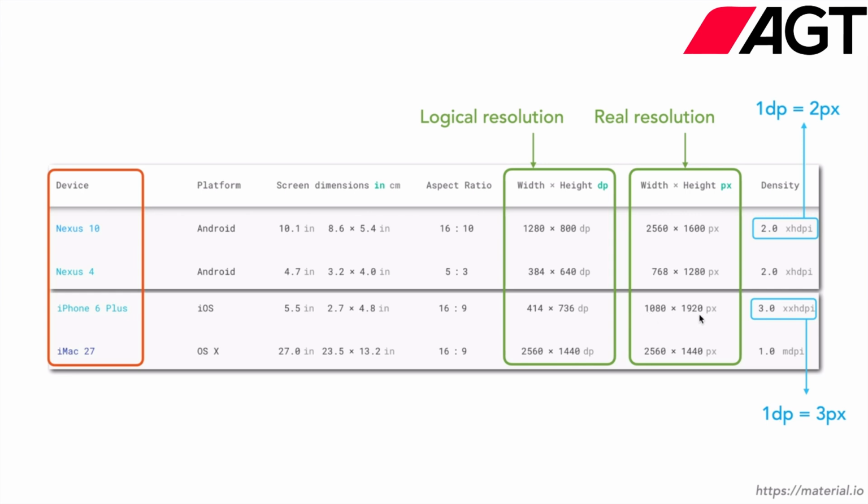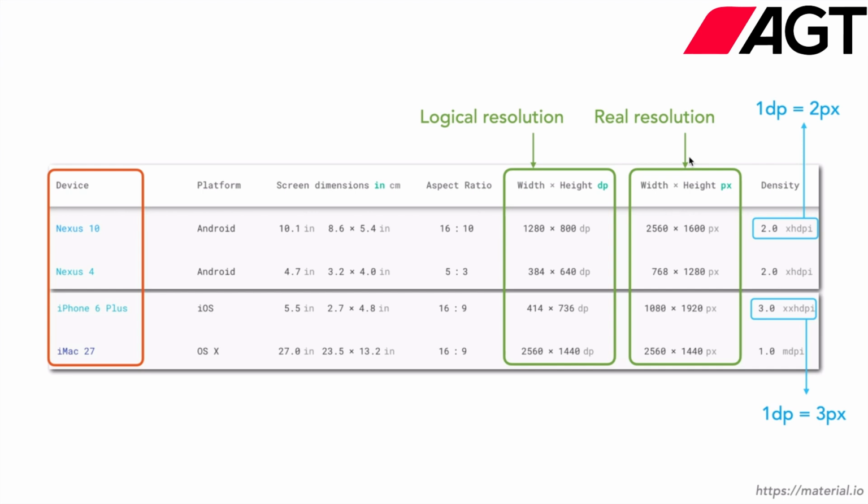So the real resolution is 1080 by 1920 pixels, whereas the logical resolution is 414 by 736 for iPhone 6 Plus. So the screen sizes can change, but every screen size will always be resolved into a logical resolution, and we will always define the sizes in your app using the logical pixels, so that they will fit the logical resolution, which will ultimately result in the real resolution.